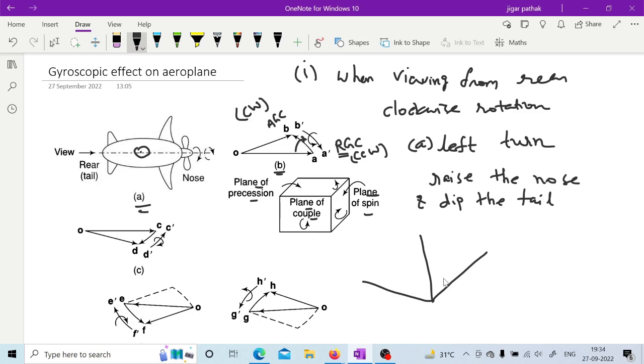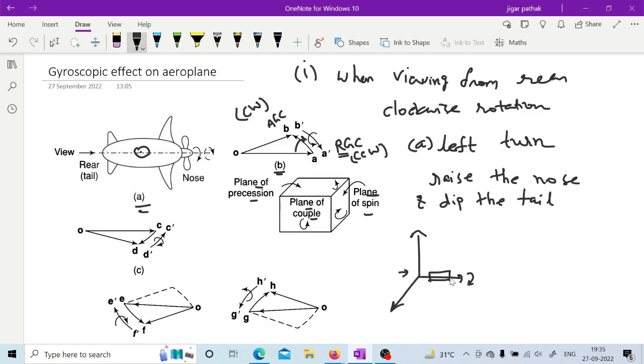Here also, the three axes are isometric. So basically you have this third axis which is coming out. Here the plane is moving in this direction, with the rotating element having clockwise rotation viewing from the rear.